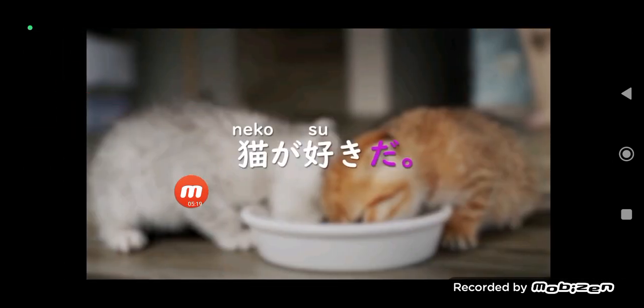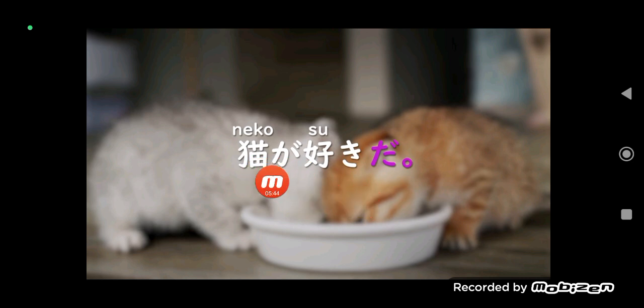Let's say you have a very simple sentence, just like what we have shown in lesson number 8. Neko is cat. Neko ga suki da. Suki is a na adjective, with a silent u, that means something is likable.